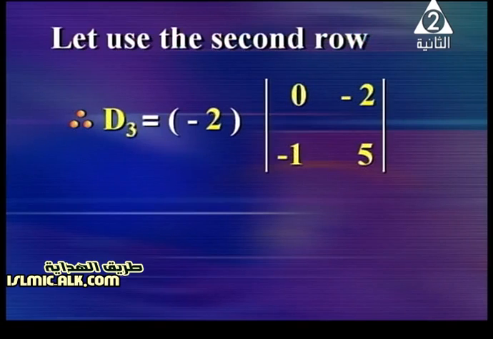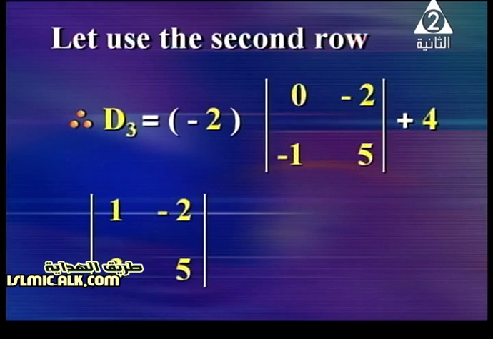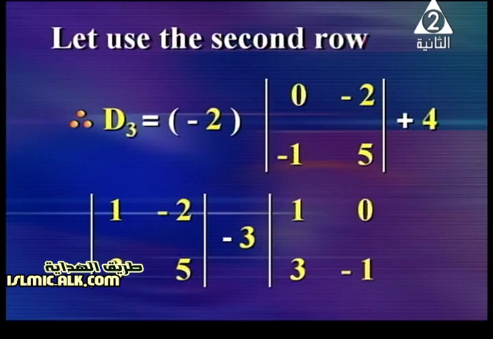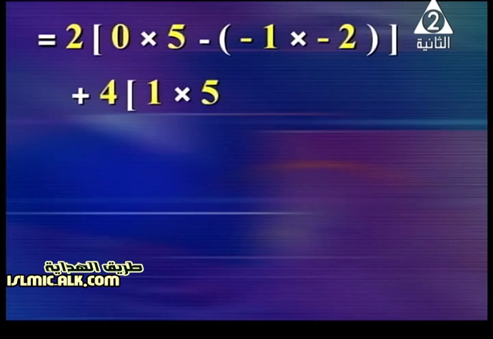We multiply negative 2 by the determinant 0, negative 2, negative 1, 5, plus 4 multiplied by its determinant 1, negative 2, 3, 5, minus 3 multiplied by the determinant 1, 0, 3, negative 1. Remember, dear student, the signs of the second row are negative, positive, negative.